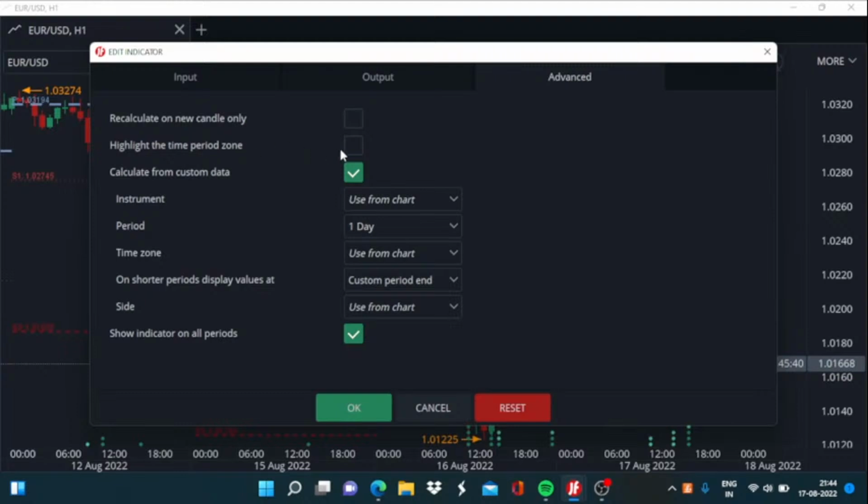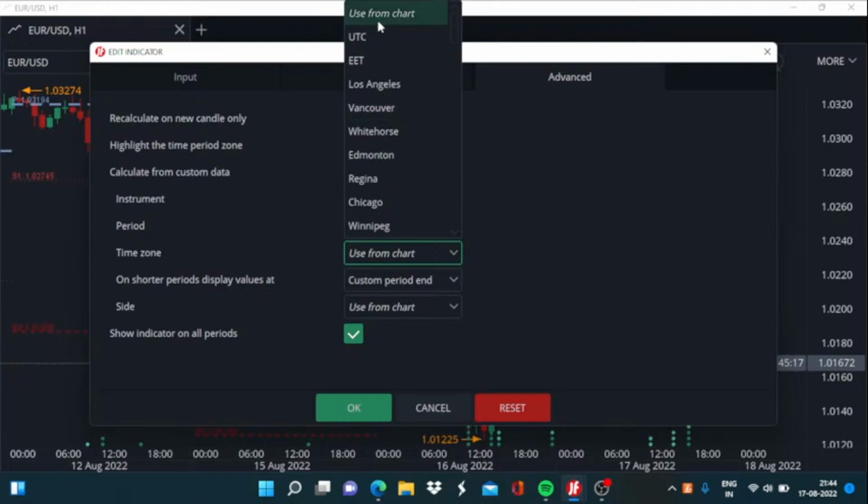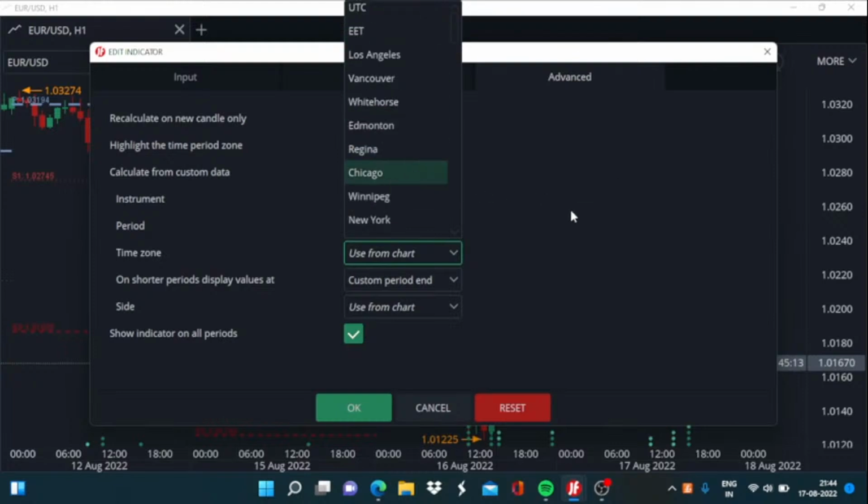The time period is going to be highlighted, but as I said, it is simply based on the prior candle. So if you are using the day's time frame, then the last day's worth of data is considered, so you can highlight that time period which has been used to calculate. Coming to calculate from custom data, you can use the instrument from the chart, or you can specify it. The time zone can also be anything from the chart, or you can take the time zone of your area.